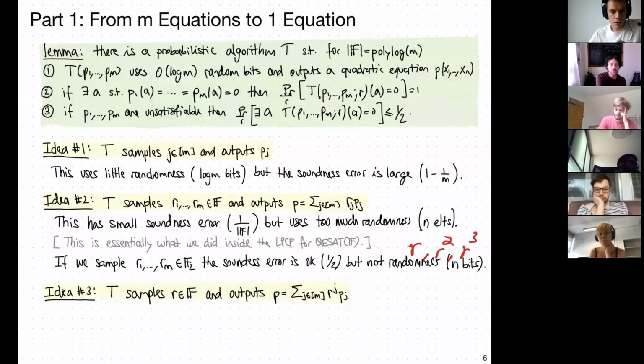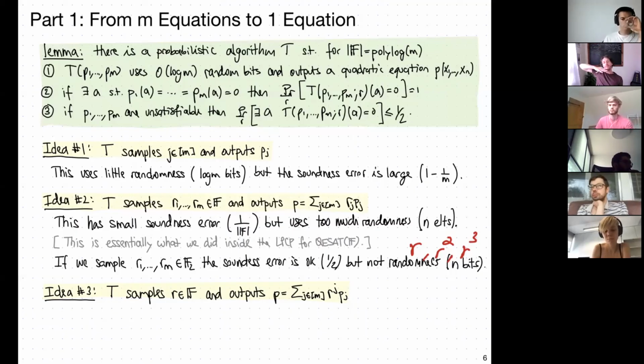So you're talking about idea number 2 here. Yes. So this is something which is essentially what we did in the last lecture. The point is that you can show that if you have 2 equations, and maybe one of them is bad, and now instead of checking both the first equation and the second one, you add them both up.